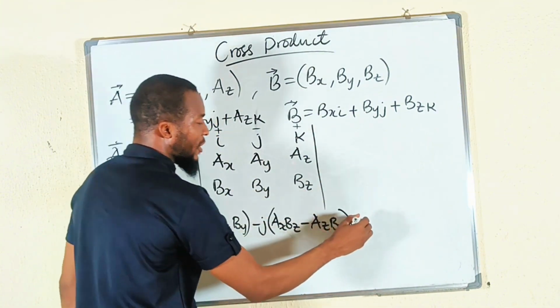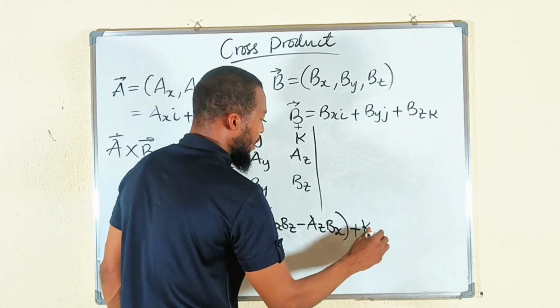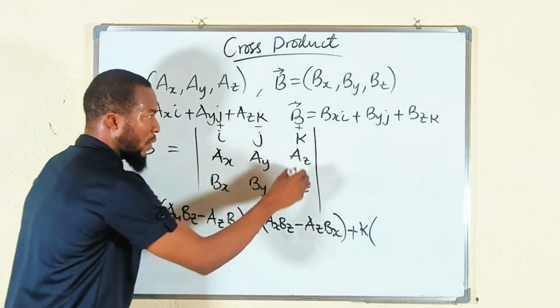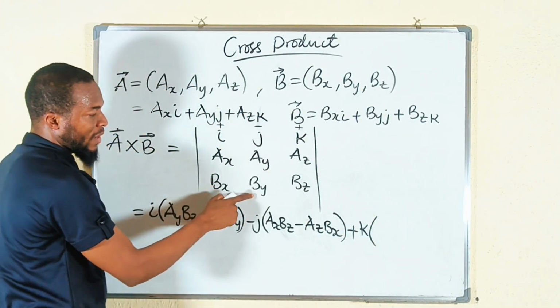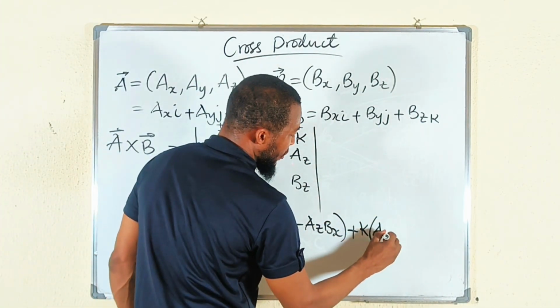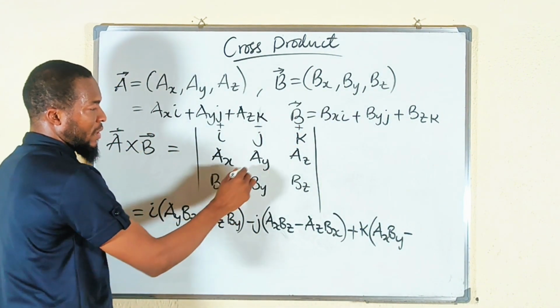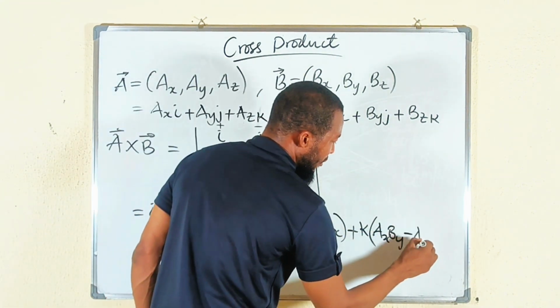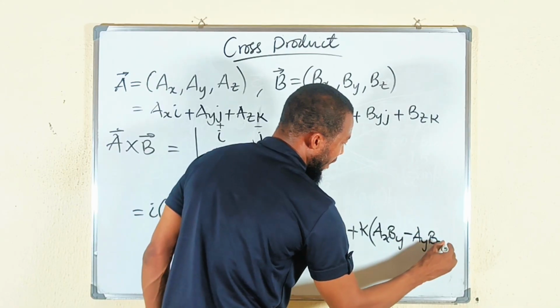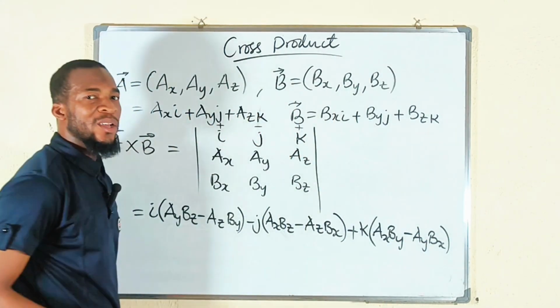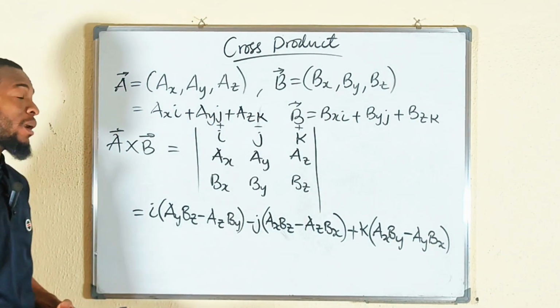Then last, you have k here. You close this, you close that. You have A sub x, B sub y minus A sub y, B sub x. So this is your formula for the cross product.